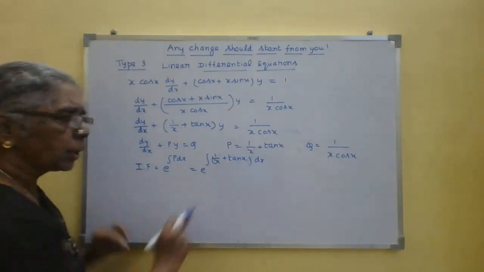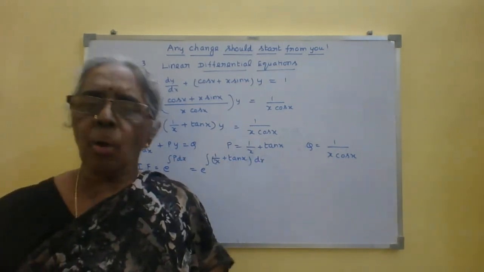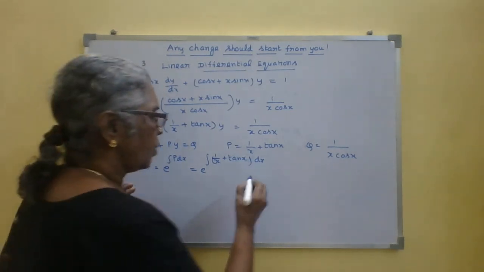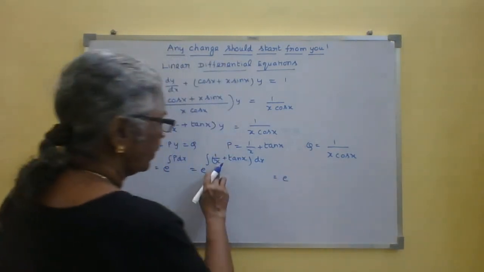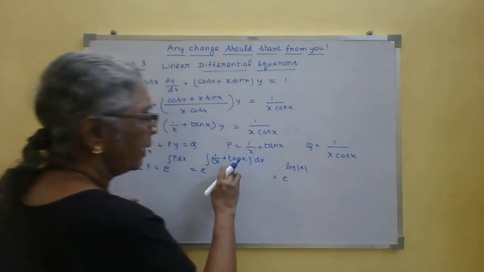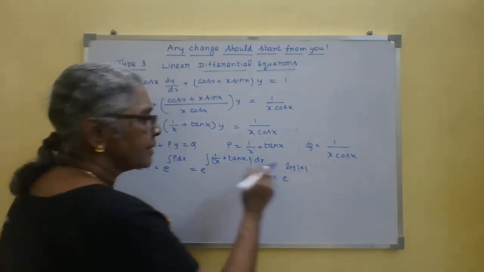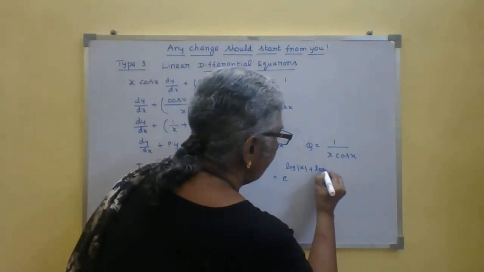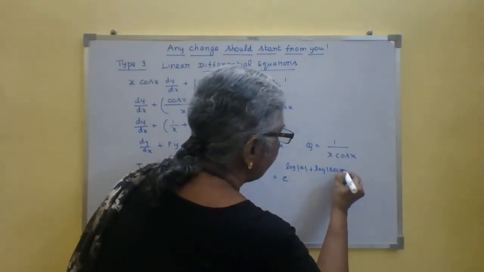Now I have got two terms with a plus in between, so I have to integrate them separately. For 1 by x, I know it is log mod x. For tan x, it is log mod secant x.